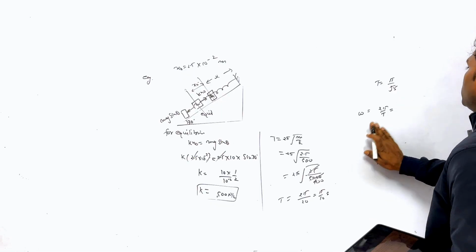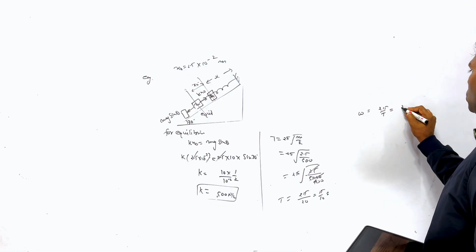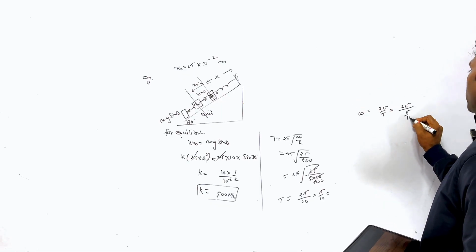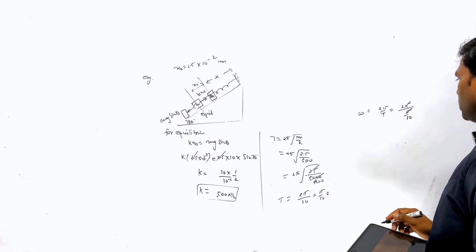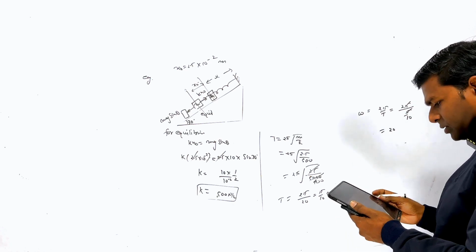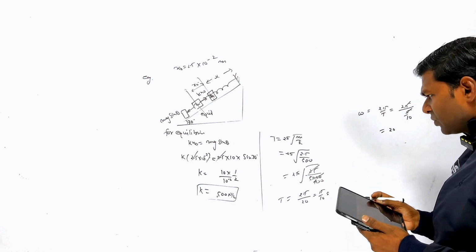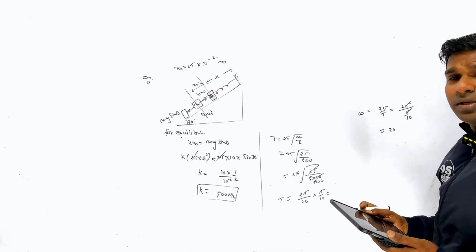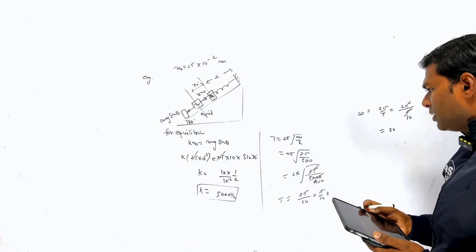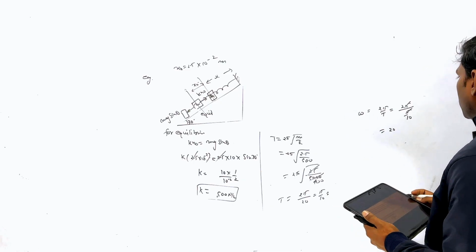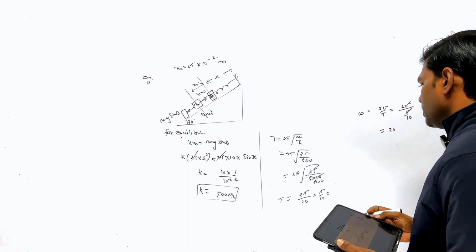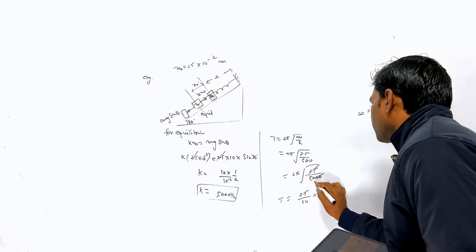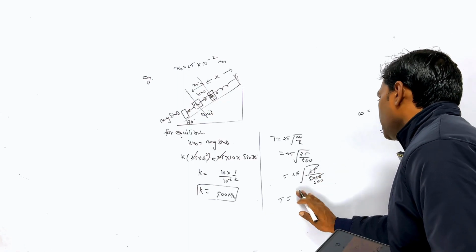Therefore angular frequency you may write 2 pi by pi upon 10. So it will cancel out. So it is how much? Speak loudly. 25 दूनी 50, right?